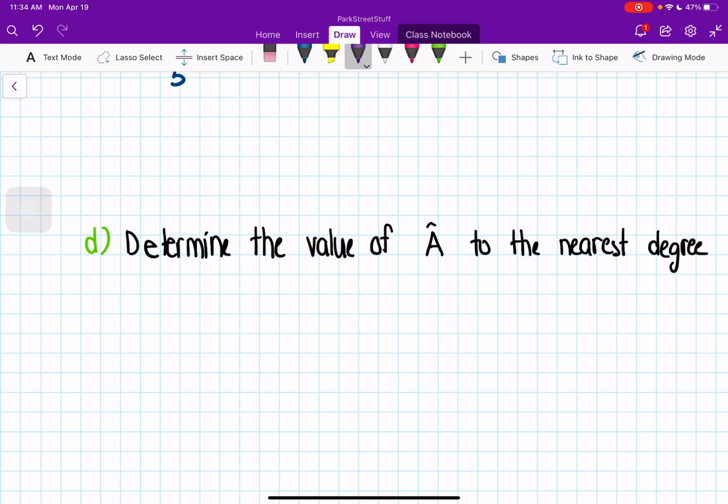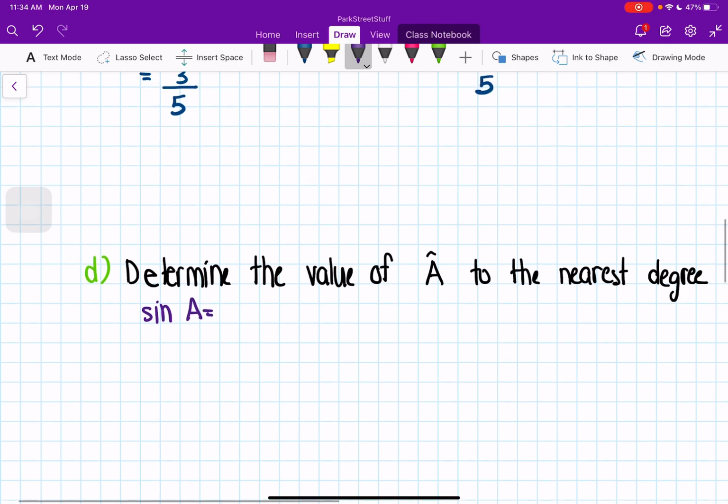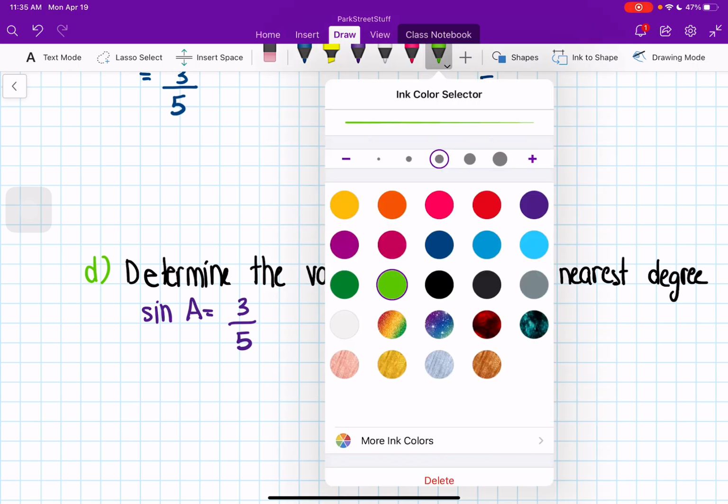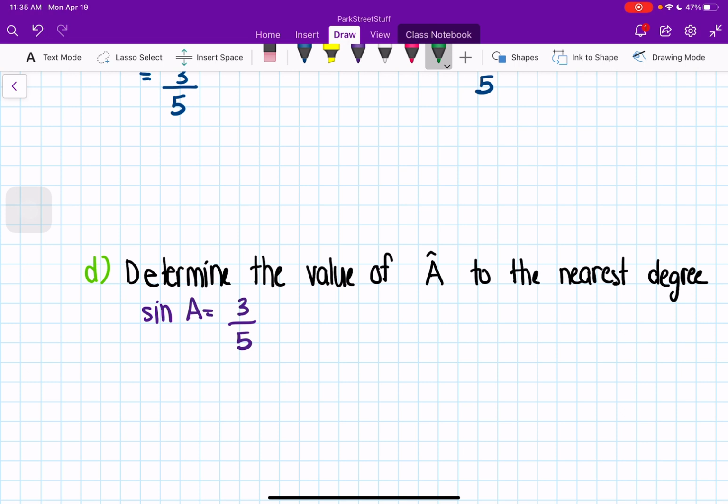So if we use the sine option where we said sine of A is 3 over 5. Now you're going to need your calculator and you have to remember, so I'm going to put this for you as a reminder. Make sure your calculator is in degrees.